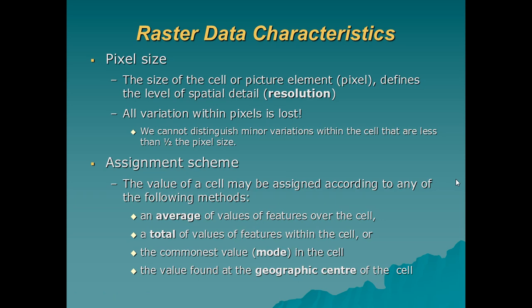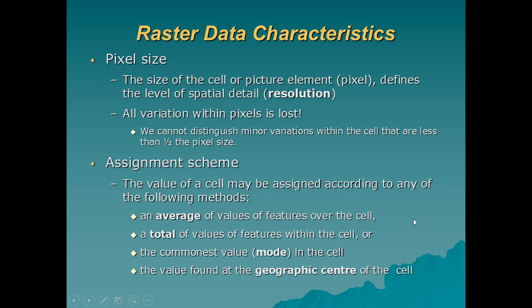Now let's talk about assignment scheme. The assignment scheme refers to some of the methods that would be used to assign a value to the cells. The value of the cell may be assigned according to any of the following methods. First, you may choose to use the average of all the values of the features falling within the cell.